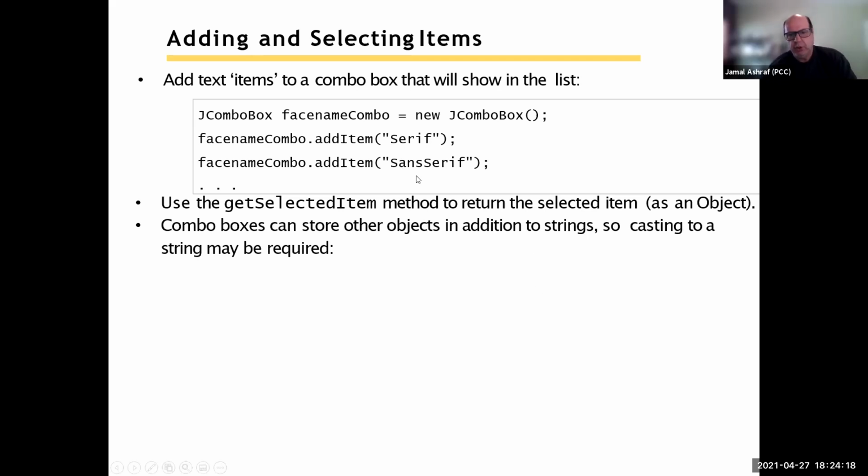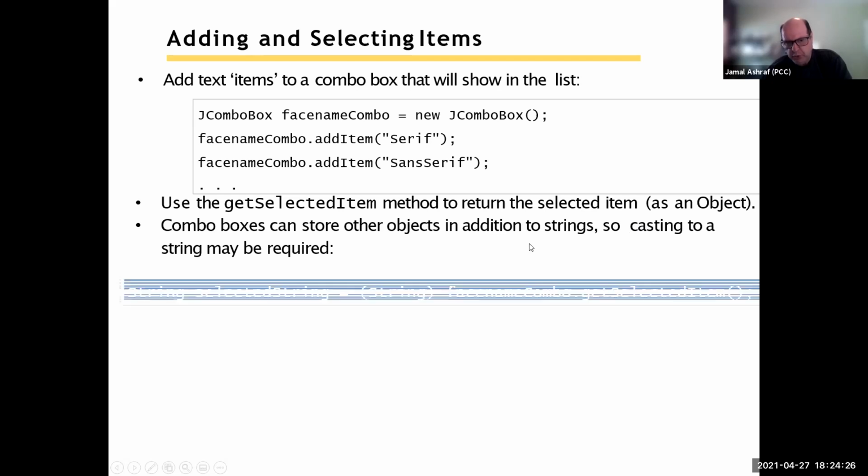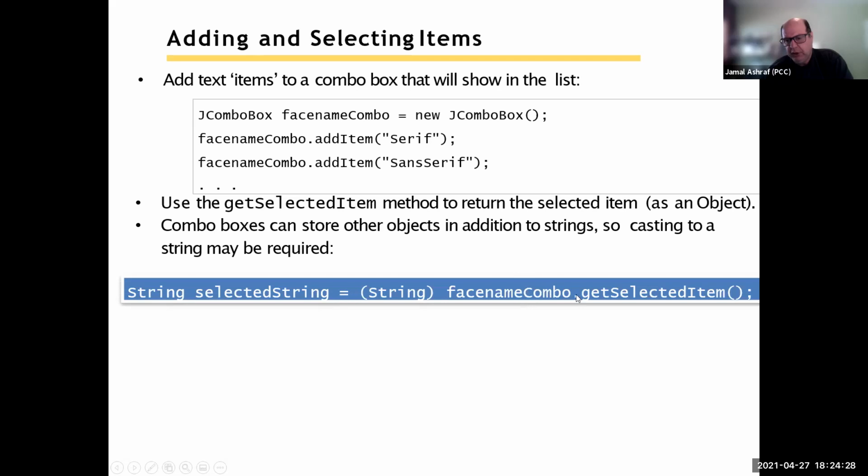So remember, these are objects. So when you're putting it in, it's going to go in as an object. So maybe we're going to need to cast it to a string if you want to use it. So for example, if I get the selected item from the combo box, that is coming in as an object because it's coming in from the top level. And then I can force it to be a string. Now I can read it as a string.